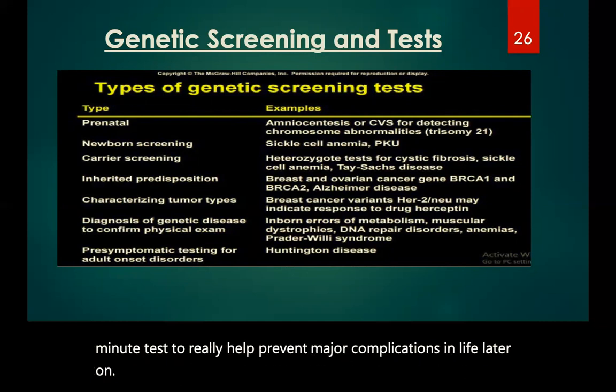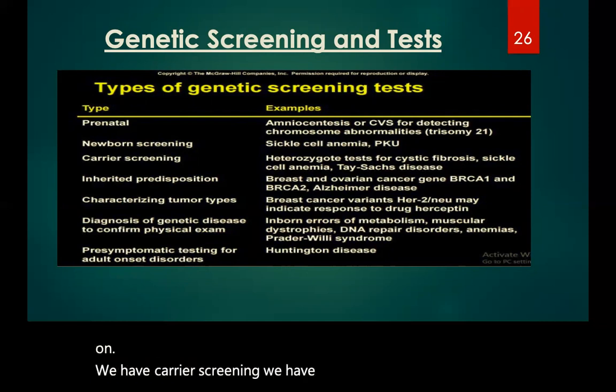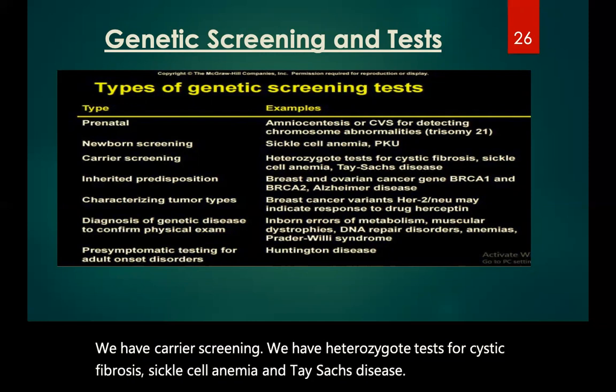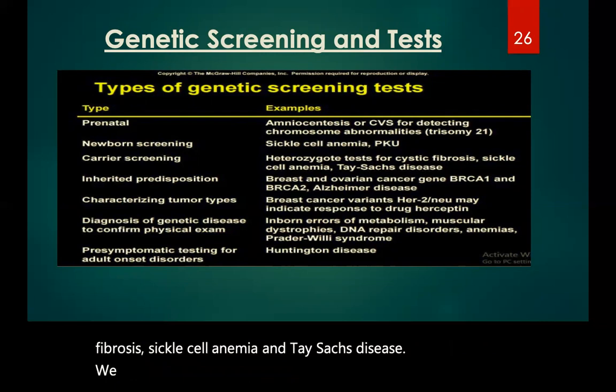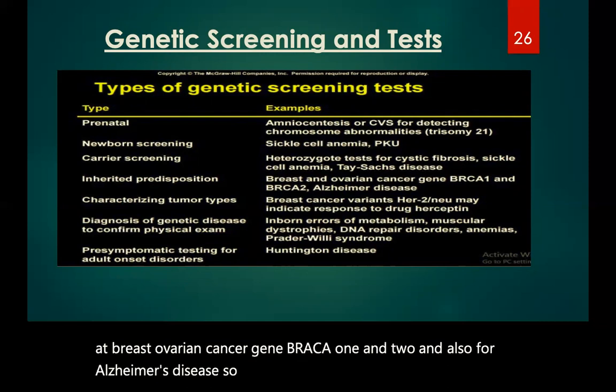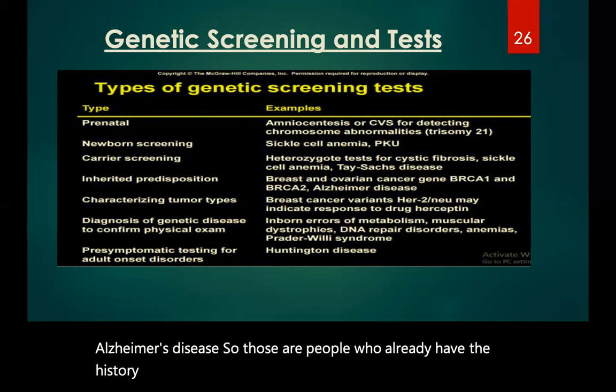We have carrier screening. We have heterozygote tests for cystic fibrosis, sickle cell anemia, and Tay-Sachs disease. We have inherited predisposition. In that case, we would look at breast and ovarian cancer genes BRCA 1 and 2, and also Alzheimer's disease. So those are people who already have a history of those particular inherited genes.